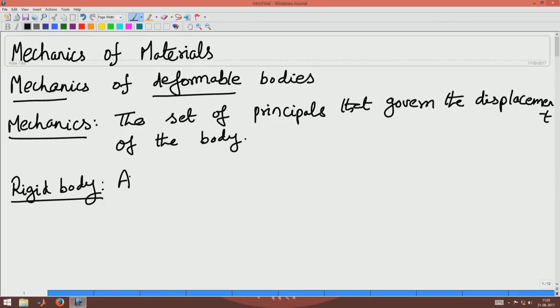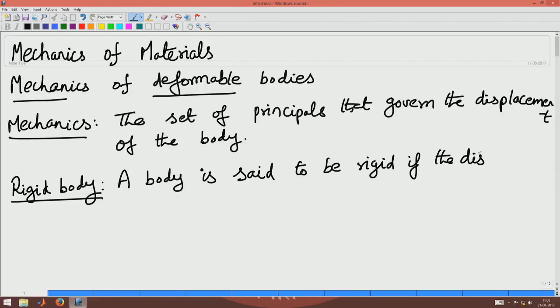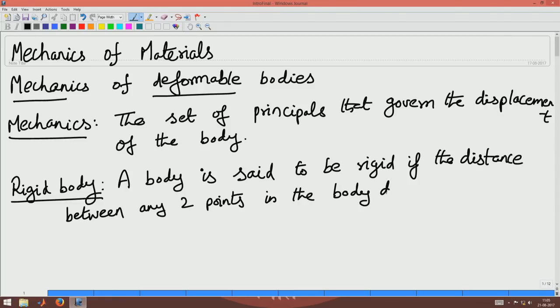A body is said to be rigid if the distance between any two points in the body does not change due to the application of a force.